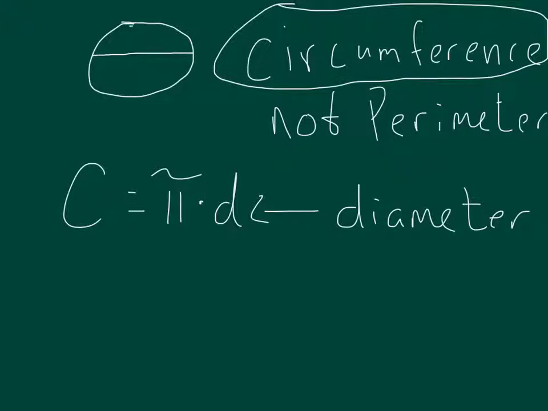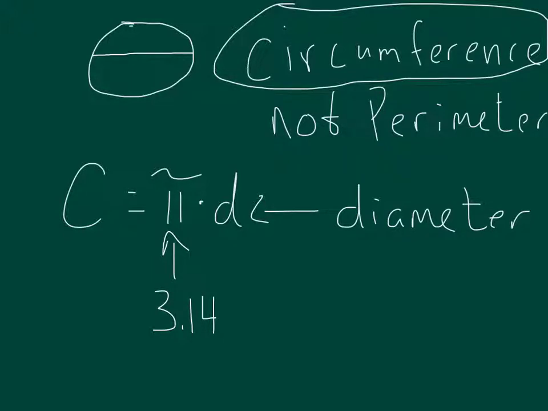Now pi is a really long number. The actual definition of pi is a number that never ends. For instance, the number of pi is 3.14159. I forget how much further it goes. So the shortened version of it though is just 3.14.